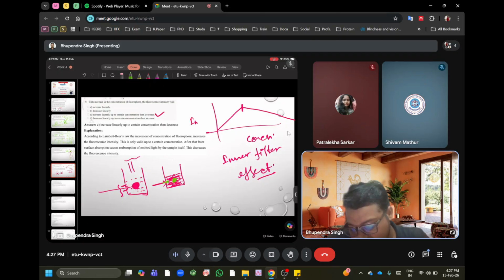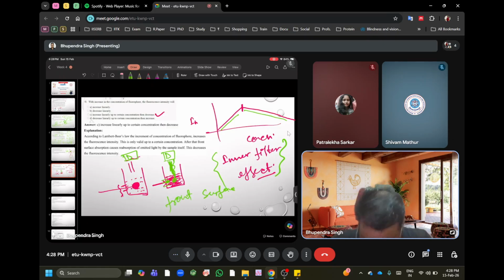It will absorb here only, but the slits are here, and here is the detector D. So it will not absorb any emitted light after a certain concentration. That is why the intensity will keep on decreasing. That is because of the inner filter effect and front surface absorption. Fine.